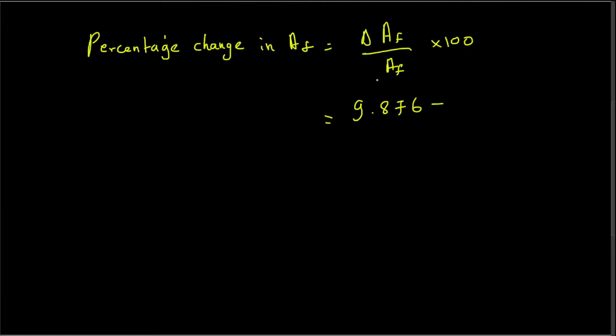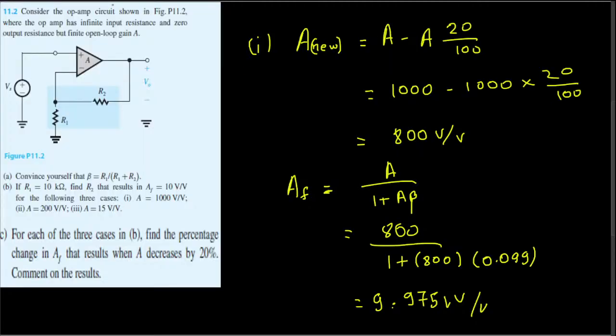Put that here, divided by 10, multiply by 100, and you will end up getting the answer to be negative 1.24%. So this is the percentage change in AF for the part 2. Now let's look at the part 3.